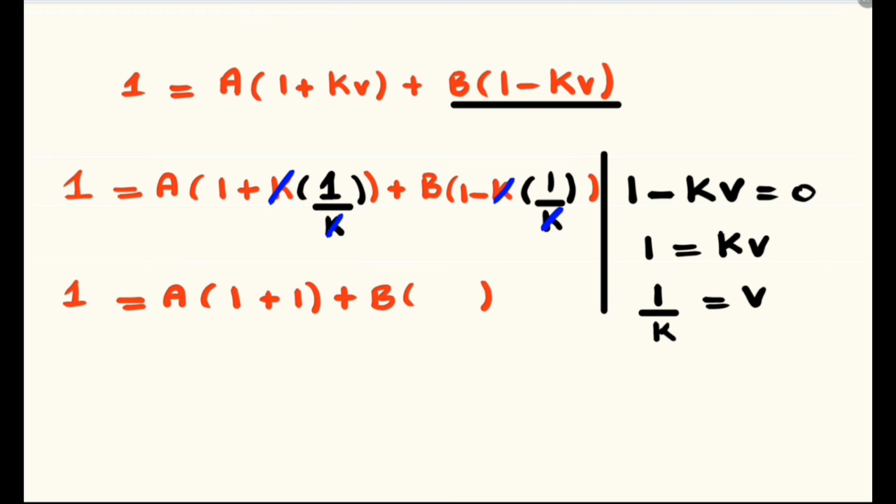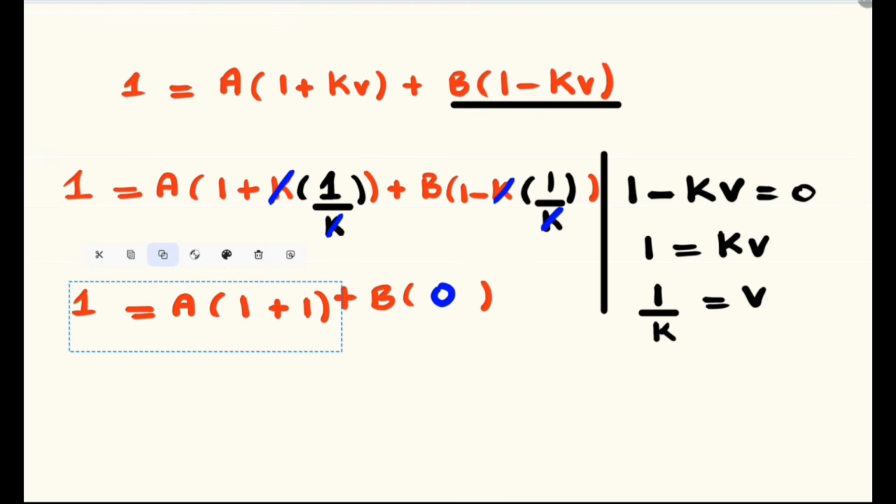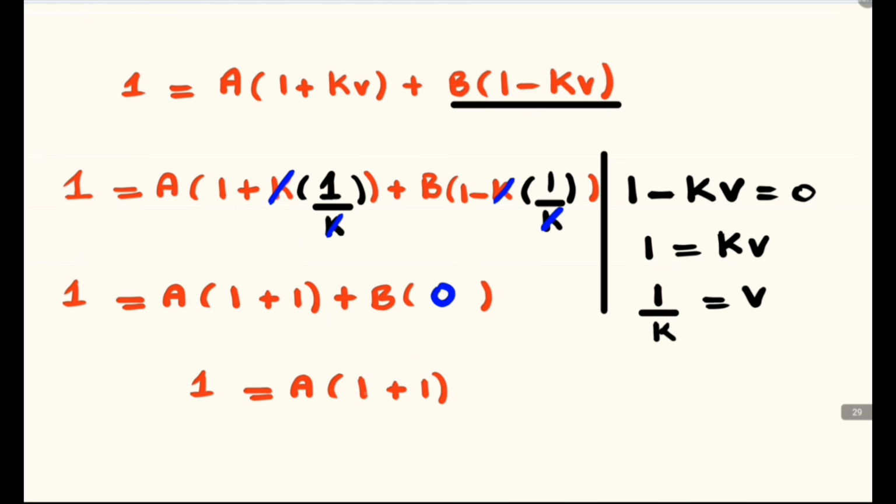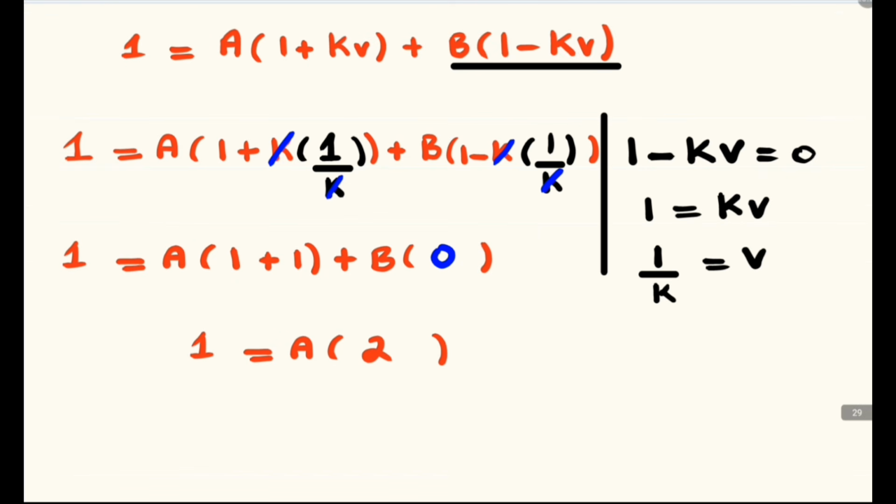So 1 minus 1 is equal to 0, and b multiplied by 0 is equal to 0. So we have 1 is equal to a into 1 plus 1. 1 plus 1 is equal to 2. Dividing both sides of the equation by 2, our a will be equal to half. So our b was equal to half, and our a is also equal to half.